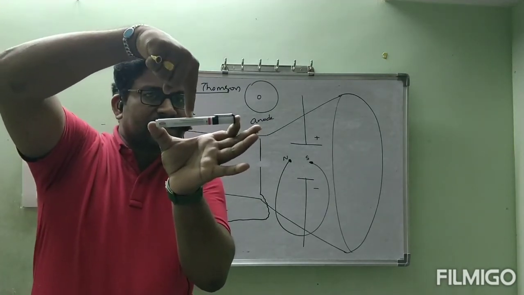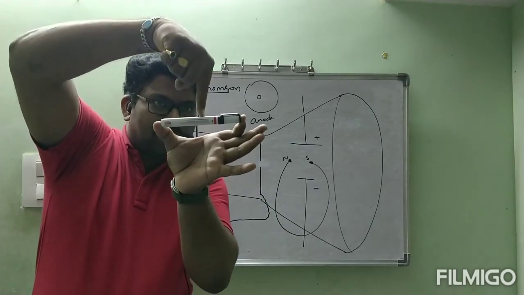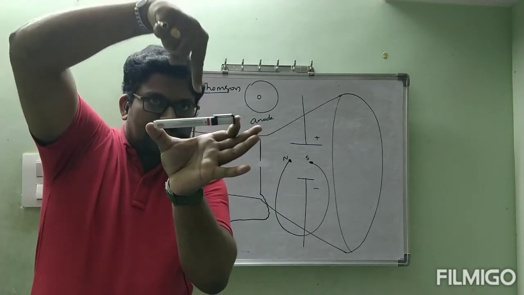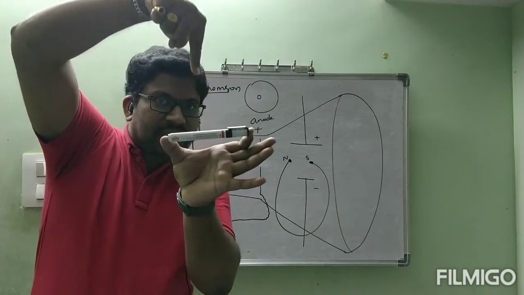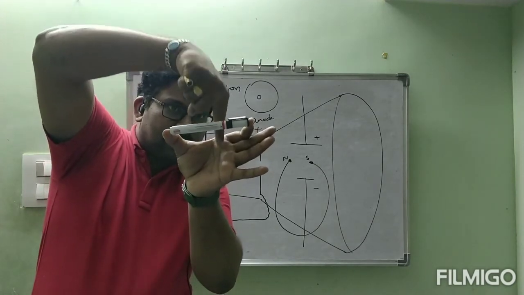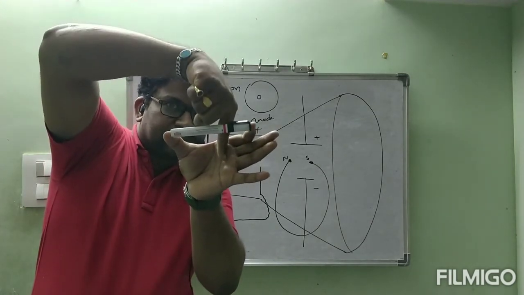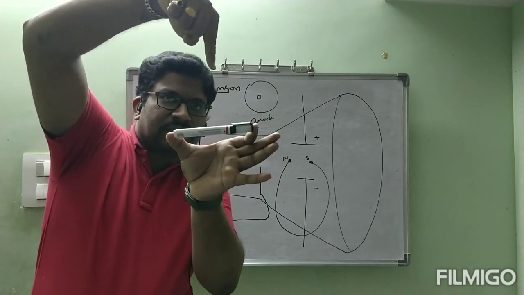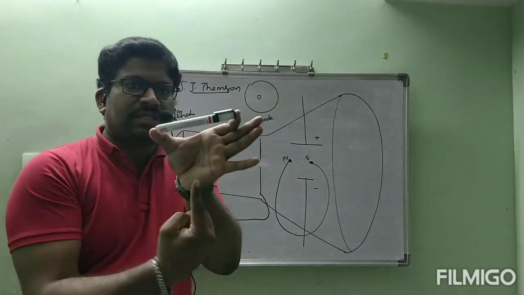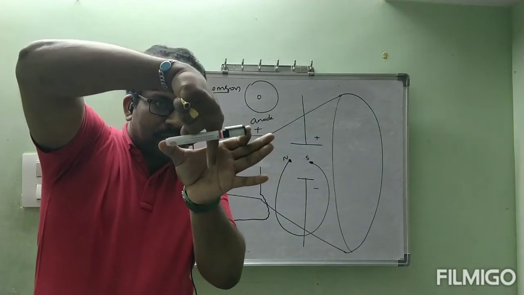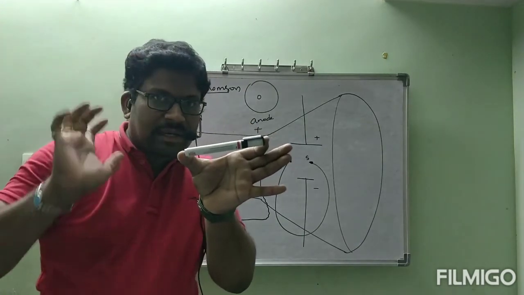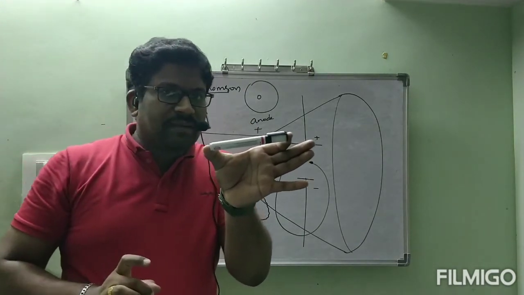So what is the direction? From above to below. What is the direction of the electric field? From above to below, like this. Is it clear?